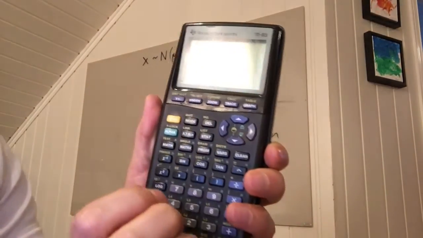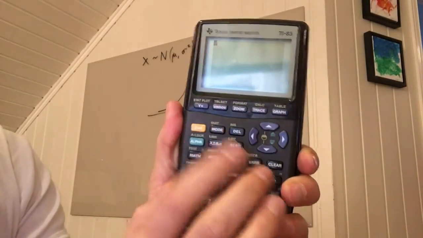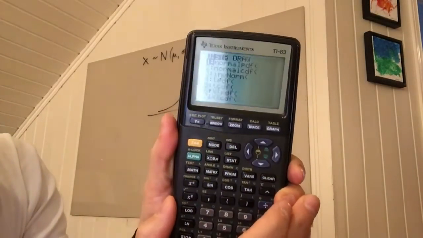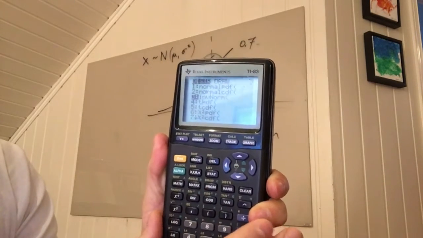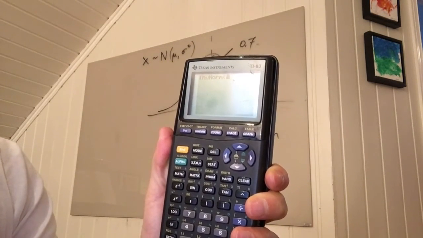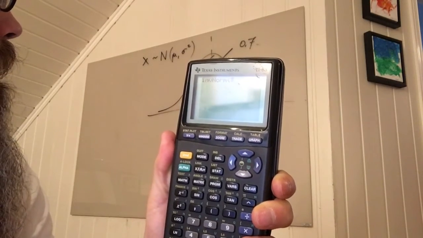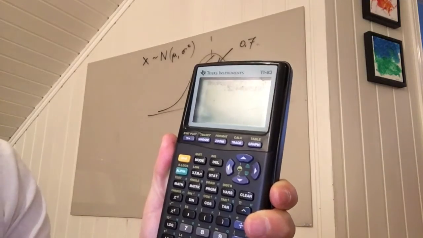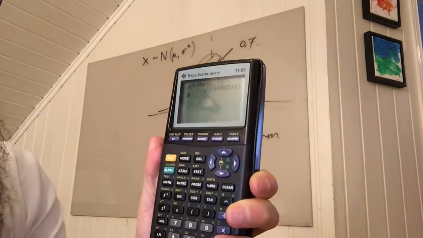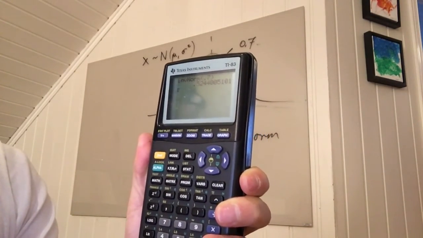So as you can see, you take the distribution menu, second distribution. Choice number 3 is inv norm. And you can simply put 0.7, and that gives you a number, 0.5244 and so on.